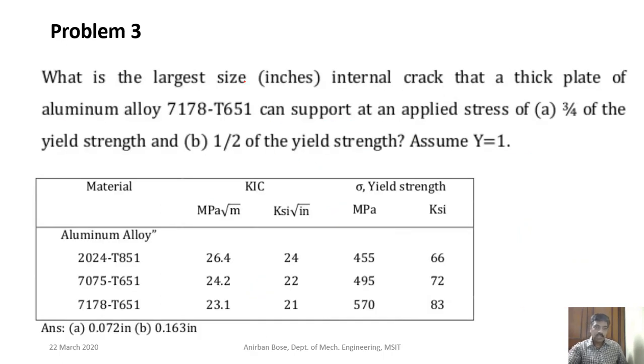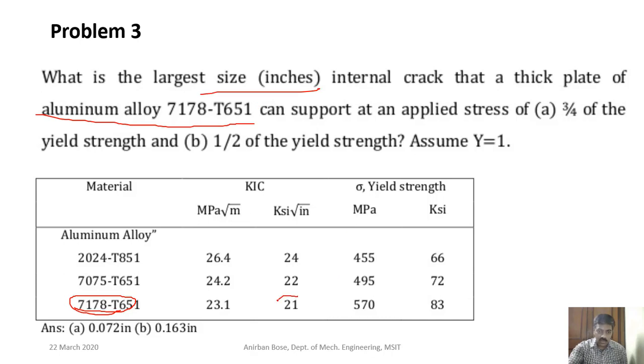Now for this one: what is the largest size internal crack that a thick plate of aluminum alloy can support at an applied stress of 3/4 of the yield strength and half of the yield strength? Assume Y is equal to 1. For this also we are going to use the same formula. The only thing is what is given: this is the material, so we have to consider the corresponding data in inch.